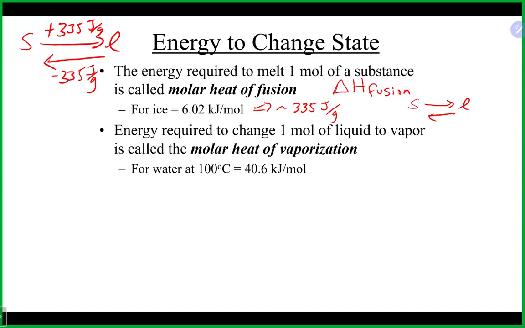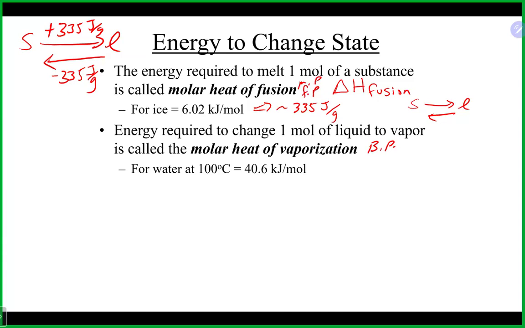Just like there's an amount of energy required to change the phase of a substance at its normal melting point and freezing point, there's also an amount of heat required to change a substance from liquid to gas or gas back to liquid at its normal boiling point. Up here, by the way, is our melting point, freezing point.